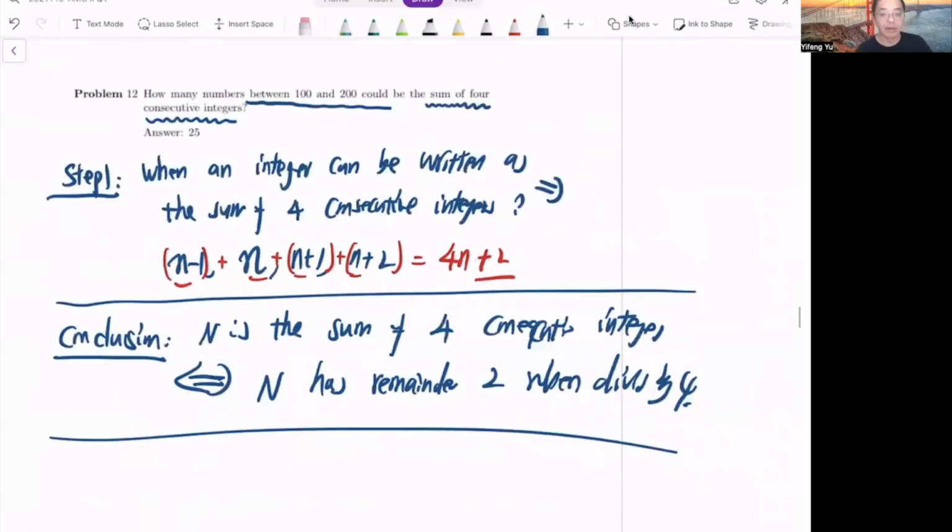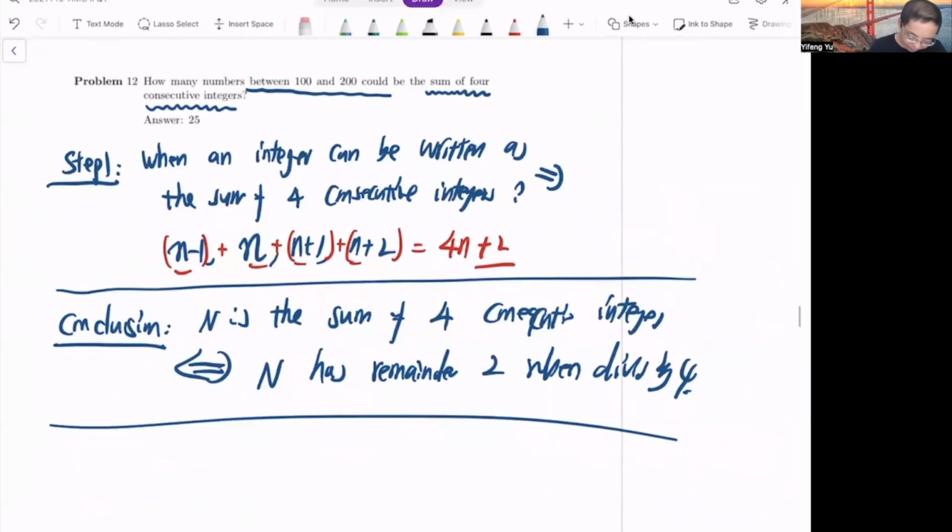Therefore, the problem is basically asking how many numbers between 100 and 200, when divided by 4, have remainder 2. So how many of them between 100 and 200 have remainder 2 when divided by 4?